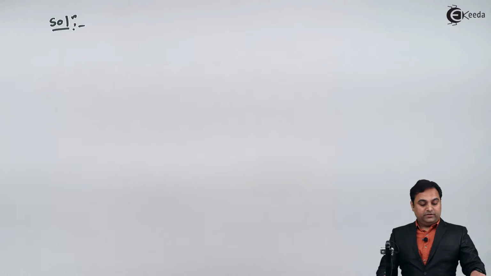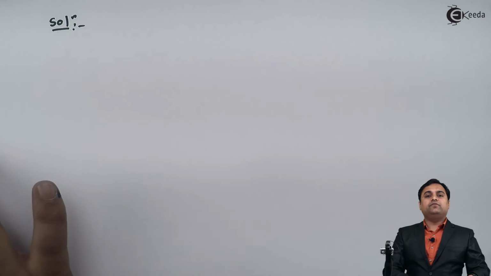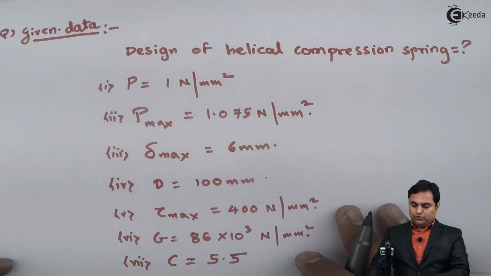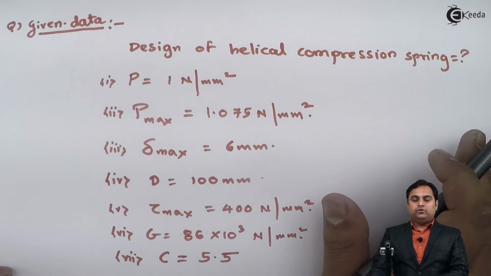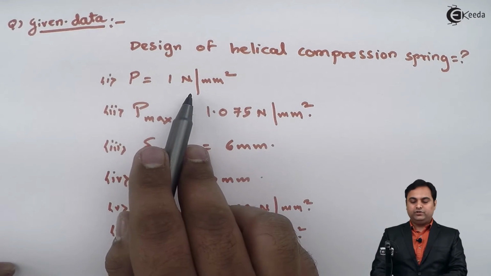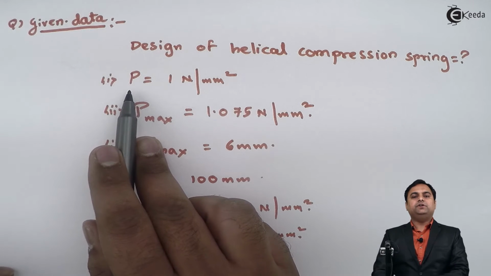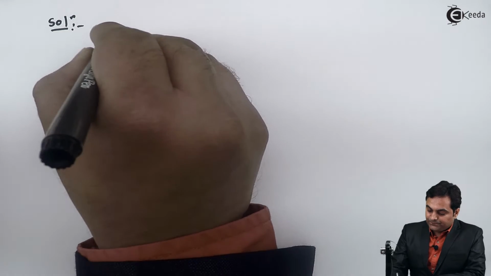In the solution, I'll say that the problem is different. Here, instead of giving the load directly, they have given us two values of pressure. So from these values of pressure, I would be calculating the individual loads. So first, since this is the operating pressure, I'll calculate operating load.